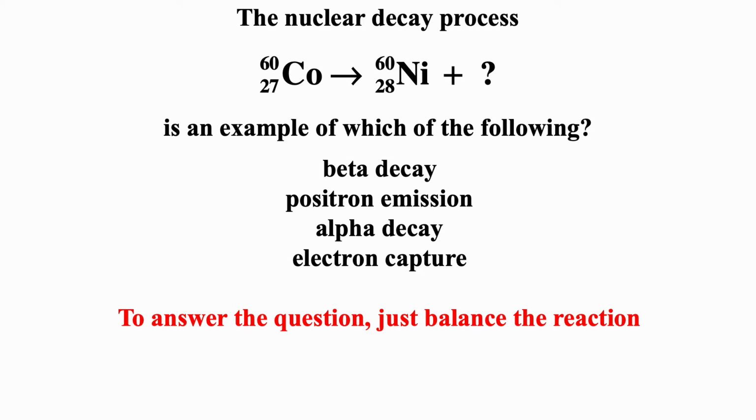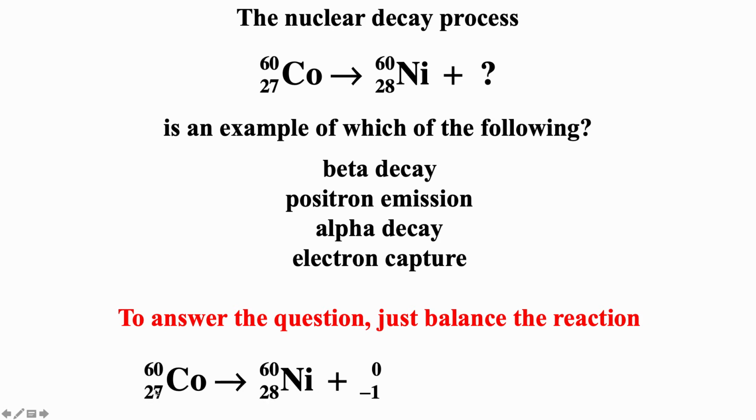Looking at this one, we have cobalt-60 going to nickel-60. And so that tells us that the mass number has to be 0 for what's being formed. Now, cobalt has atomic number 27, a positive 27 charge of nucleus. Nickel has 28 protons, a positive 28 charge of nucleus.